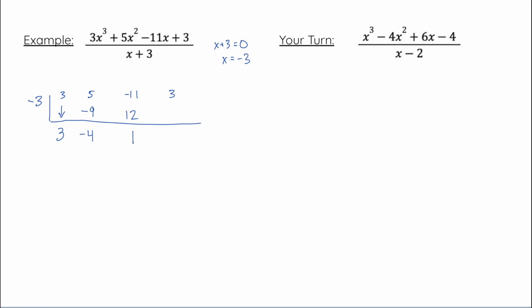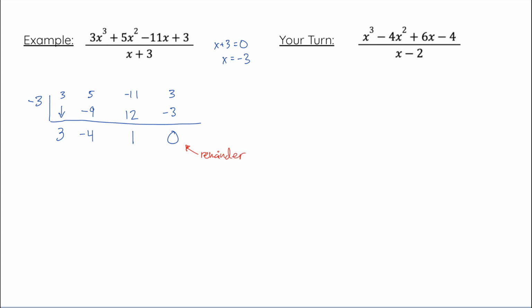Then I take the negative 3 and multiply by the 1, which gives me negative 3. I add these two together and I end up with 0. This number here, this 0, the furthest right number, is our remainder.